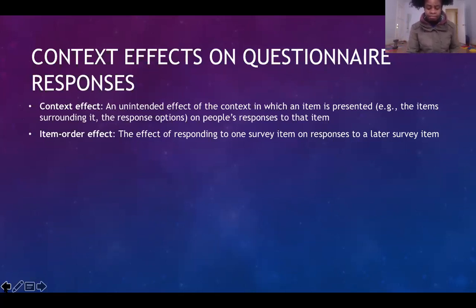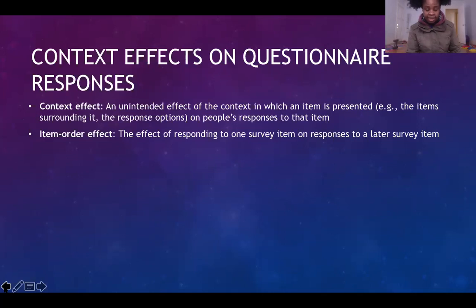So respondents must interpret the questions, retrieve relevant information from memory, form a tentative judgment, convert the tentative judgment into one of the response options provided. So for example, on a rating scale of 1 to 7, and finally edit their responses as necessary.